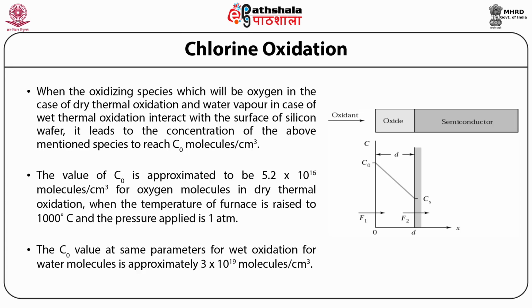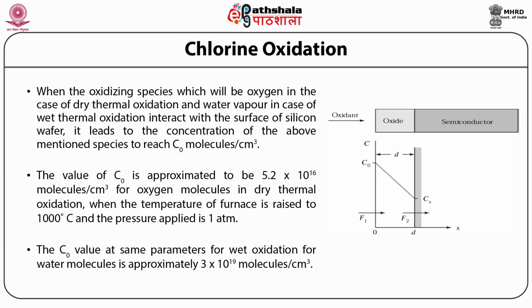So the Deal-Grove model can be divided into 3 parts for better understanding. That is, first, the transportation of oxidizing species from the bulk of the oxidizing gas to the outer surface of the oxide layer, as shown in this figure.